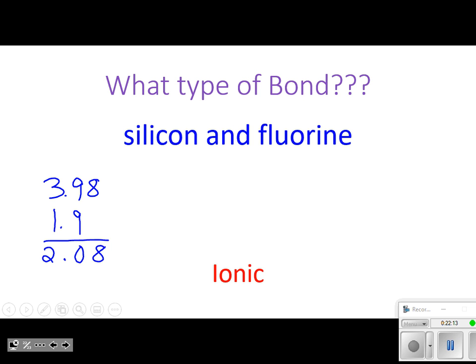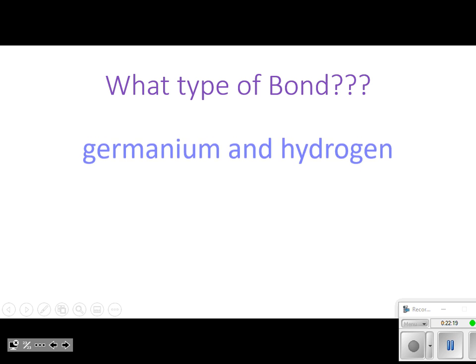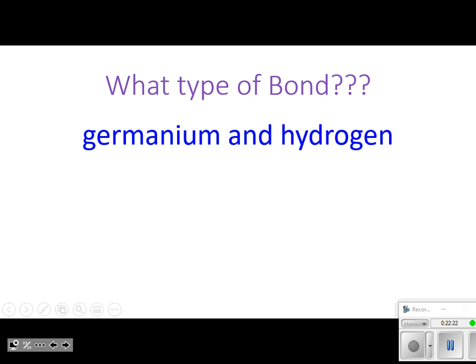Now, my final one. What type of bond? Germanium and hydrogen. Germanium, 2.01. Hydrogen, 2.18.